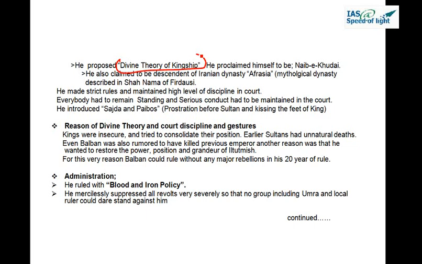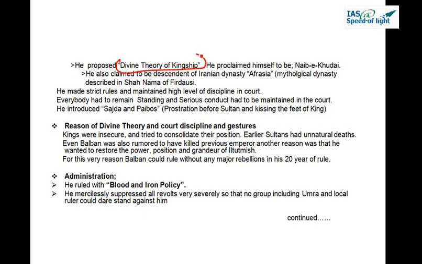He made strict court rules. Everybody had to remain standing and serious conduct had to be maintained in the court. He also introduced two important concepts, sajda and paibos.